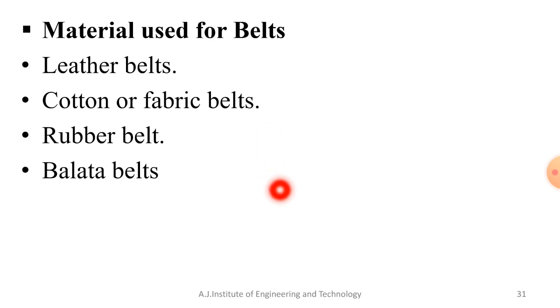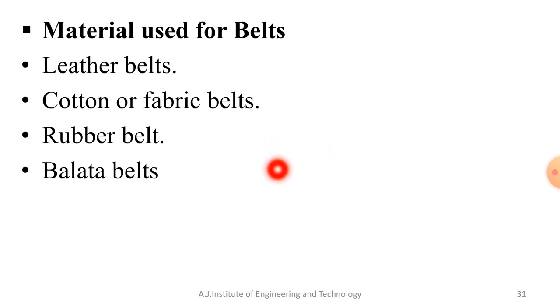One more important property is that the belt material should have high wear resistance. Otherwise wear and tear takes place, and that leads to failure of the belt.